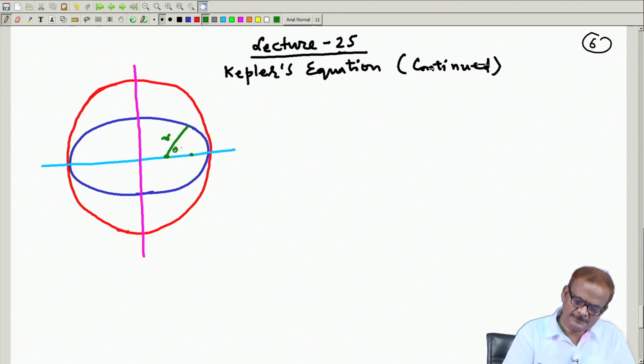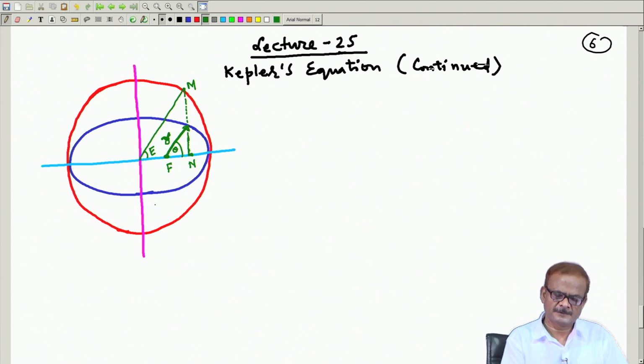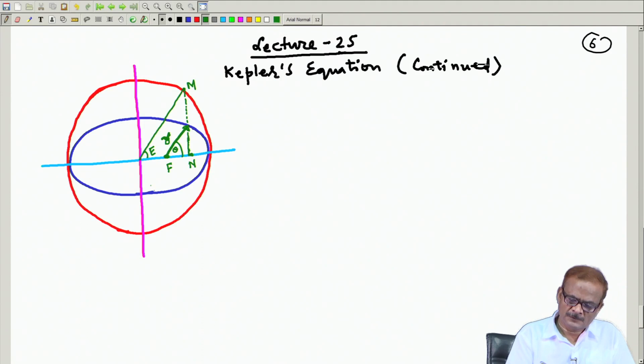From here we drop a perpendicular and extend it upward wherever it cuts. This point we have named M, this point N, this is the focus, and then we connected the center of the ellipse. This angle we have written as E, the eccentric anomaly, and this point we write as C.